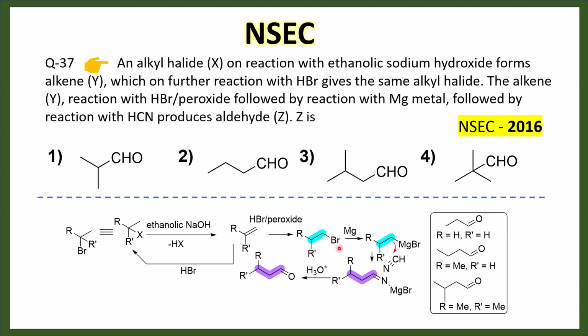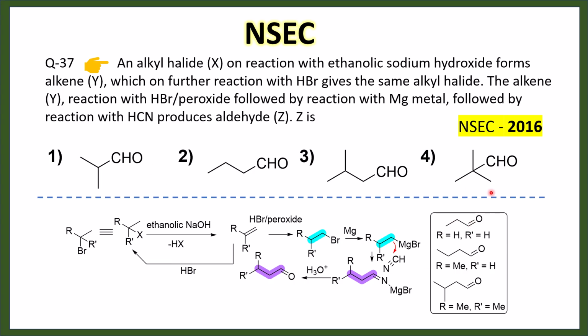Treated with magnesium, it gives the Grignard reagent, alkyl magnesium bromide, and this center acts as a nucleophile. When it reacts with HCN, it attacks the cyanide carbon and gives this imine magnesium bromide, and followed by acidic hydrolysis gives this aldehyde. Now we can see that if R and R dash are both H, then this is propyl aldehyde only.